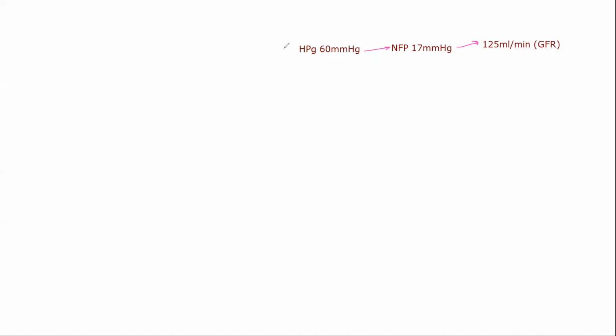Okay, what is going to give me an HPG of 60? What leads into my glomerulus? If the blood pressure inside of my afferent arteriole is 60, then that's going to give me an HPG of 60, which will give me an NFP of 17, which will give me a GFR of 125.